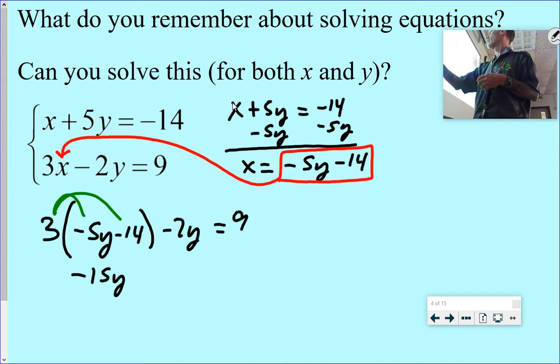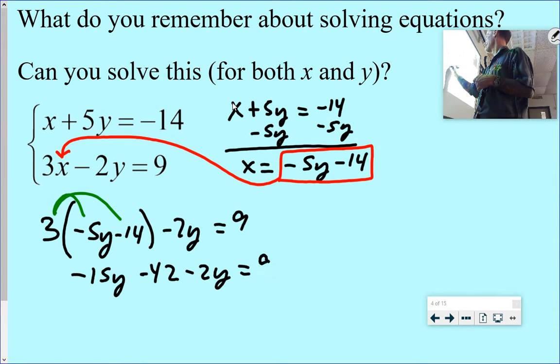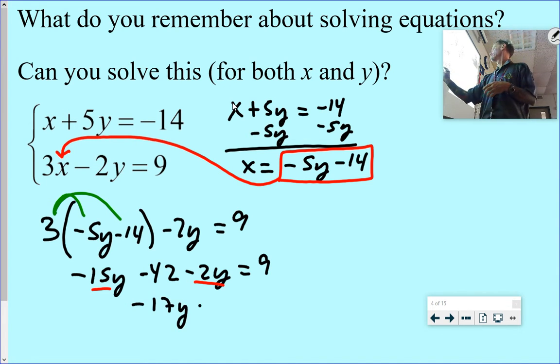So negative 15y minus 42, 14 times 3, minus 2y is equal to 9. Now I can combine my like terms, because they're already on the same side. So I have negative 17y minus 42 equals 9.